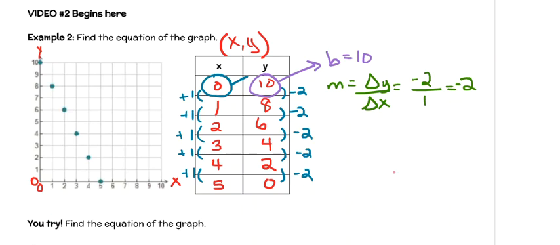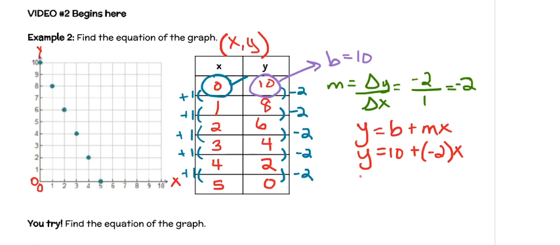And now, in your Y equals B plus MX, you're going to have Y equals B is 10, M is -2, X. And just because you don't really want to have parentheses in there, it's not something that you see. I'm not going to make a big deal out of it, but you're not going to ever see that when you see a problem.